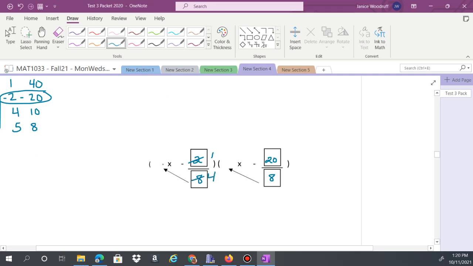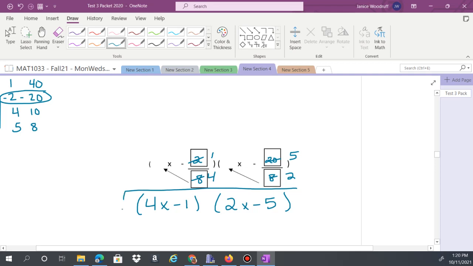And then you slide that 4 to the front here. So this would be 4x minus 1. And then 20 over 8, these are both divisible by 4. So it would be 5 over 2. So 2x minus 5. So 4x minus 1 times 2x minus 5.